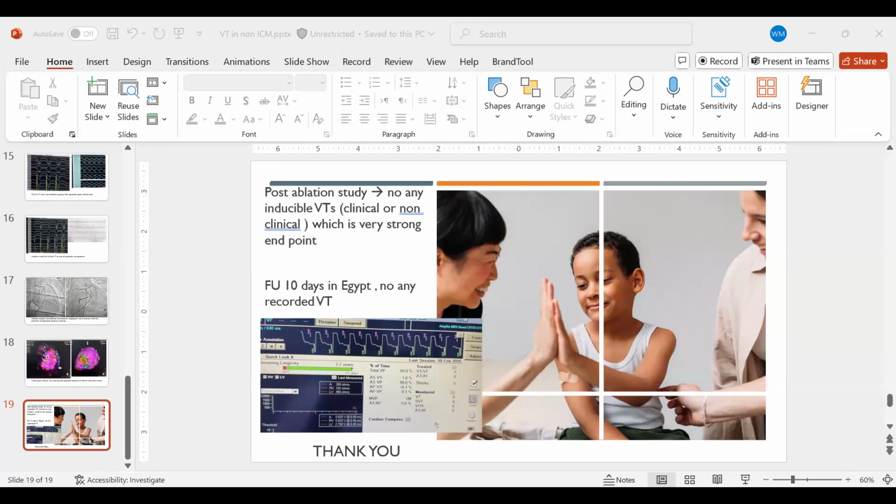Most of the complications, I guess, like hepatic injury or whatsoever, happen in the very early epicardial access learning curve.